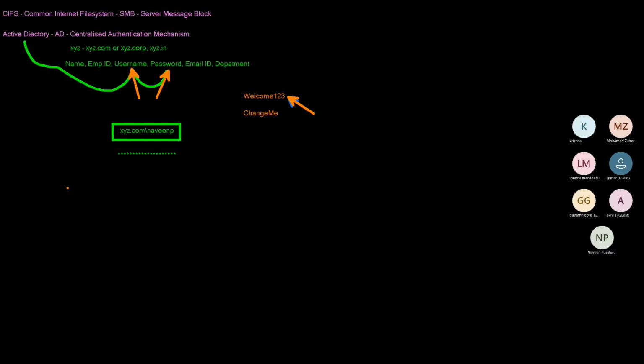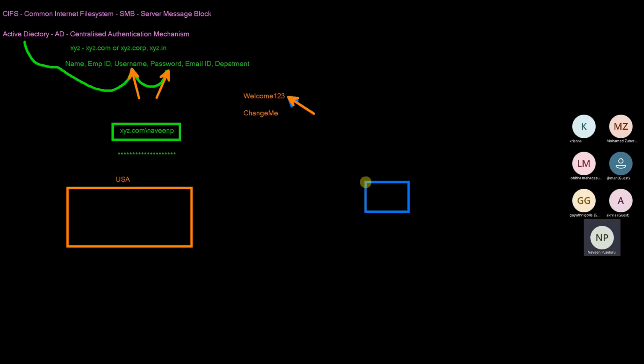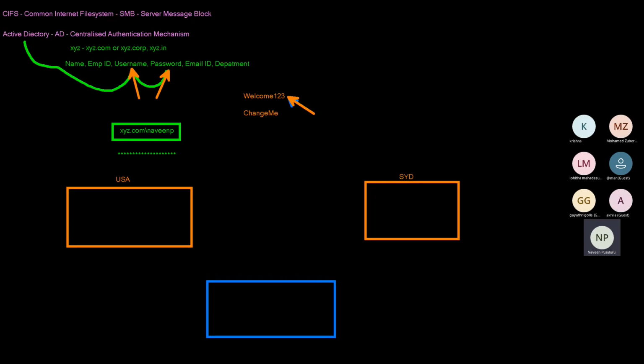So, for example, how Active Directory will work. For example, my organization has offices in USA. They also have an office in Australia. Let's assume that in Australia we have an office at Sydney, and in India also we have an office.